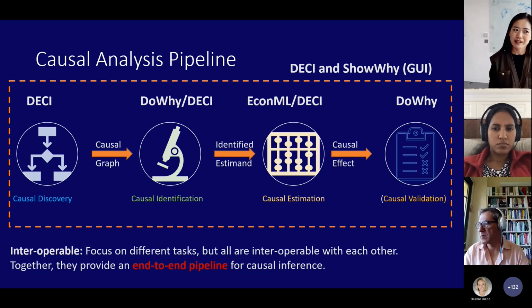Of course, naturally, we provide the causal discovery toolbox as well, which gives you the graph. DoWhy can do the causal identification and causal validation, and then we can take the causal estimation, which takes the identified graph part and does the estimation. Together we can provide a big pipeline.